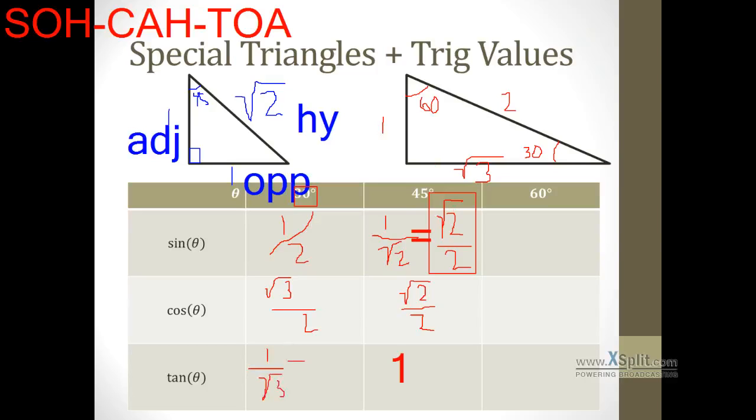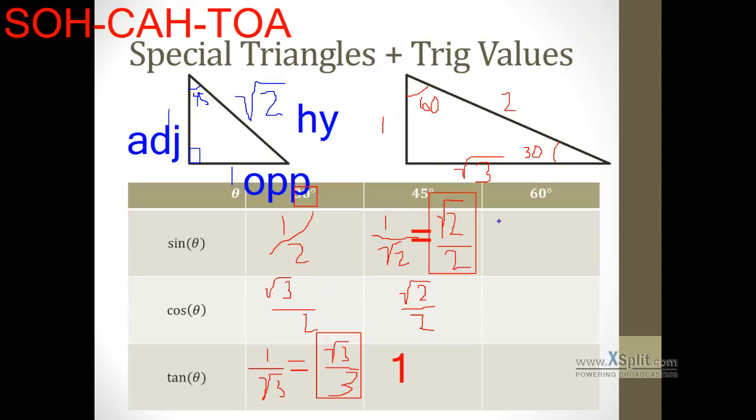If you turn that into rationalized form, I want to multiply top and bottom by root 3. That's going to be equal to root 3 over 3. What's cool with the 60-degree angle is you only need to flip the opposite and adjacent sides. Root 3 is now opposite, 1 is now adjacent.